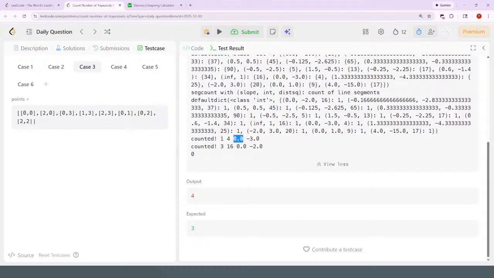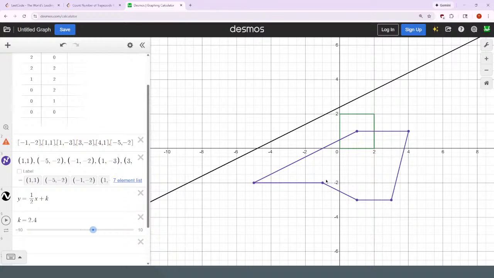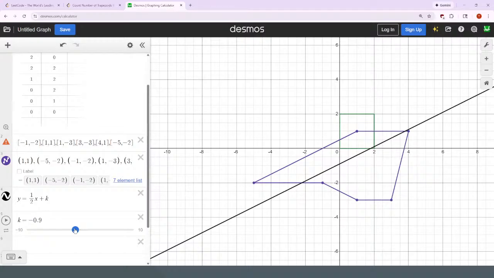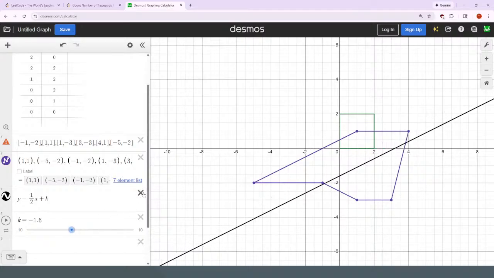Slope is 0. Okay, distance is 2, y-intercept is -3. So we're doing this one right here. How odd.